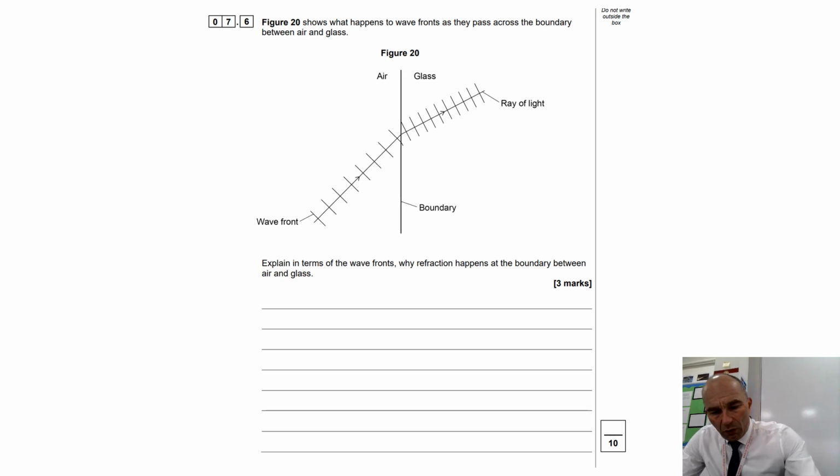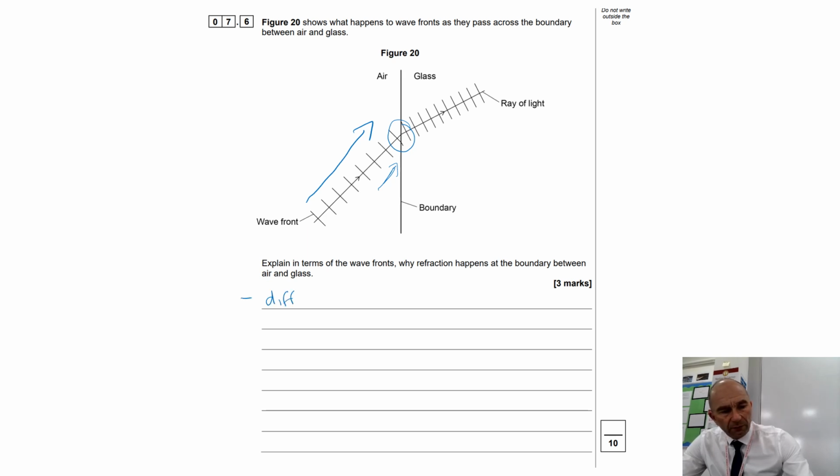So now this time we get refraction because the wavefronts are entering the glass at different times, and the velocity or the speed of light is less through glass, which means that in a way the right hand side of the wave slows down first, because that's entering the glass first, but the left hand side keeps on moving, and that causes that turn at the junction here. But then of course, once all the wavefronts are in the glass block, they continue to travel in a straight line. So where do we get 3 marks from?